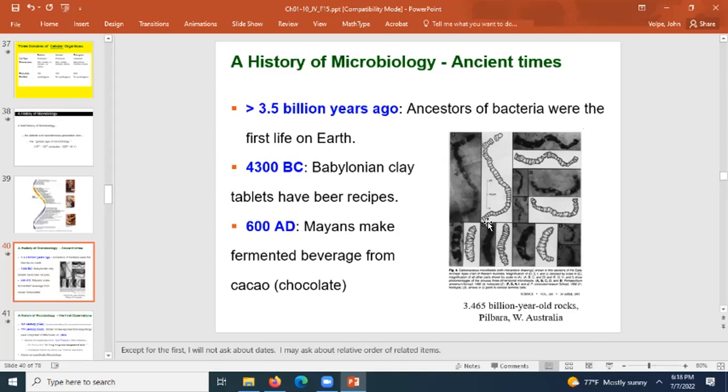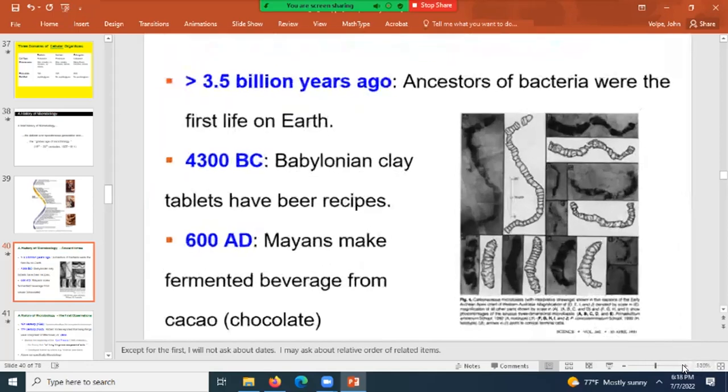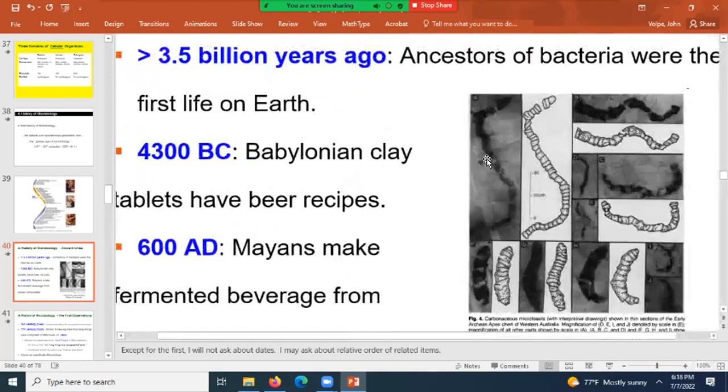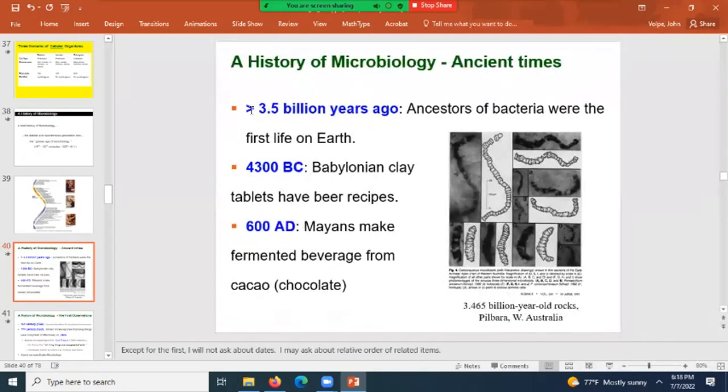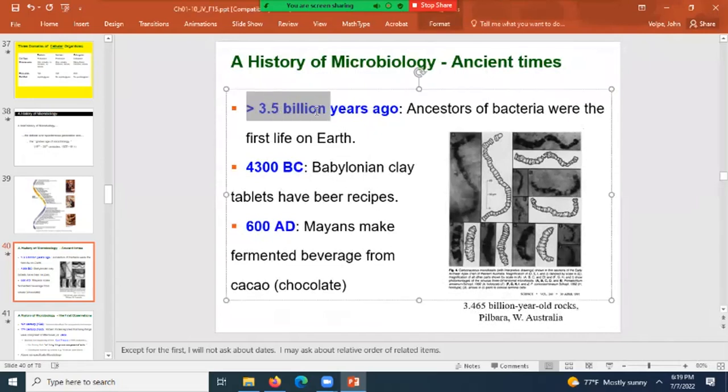Here we're looking at some fossil prokaryotic cells, which were fossil ancestors to the bacteria. This is the only date you should need to memorize: 3.5 billion years ago or longer is the first time we saw evidence of life on the planet Earth.